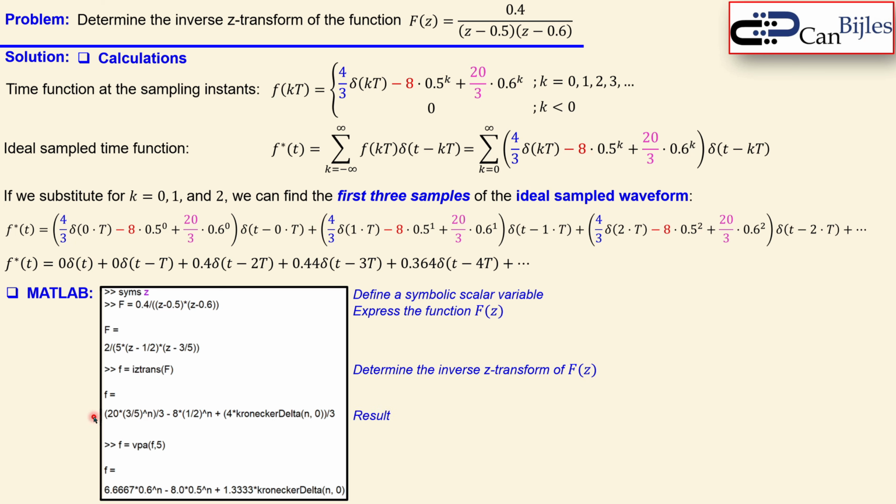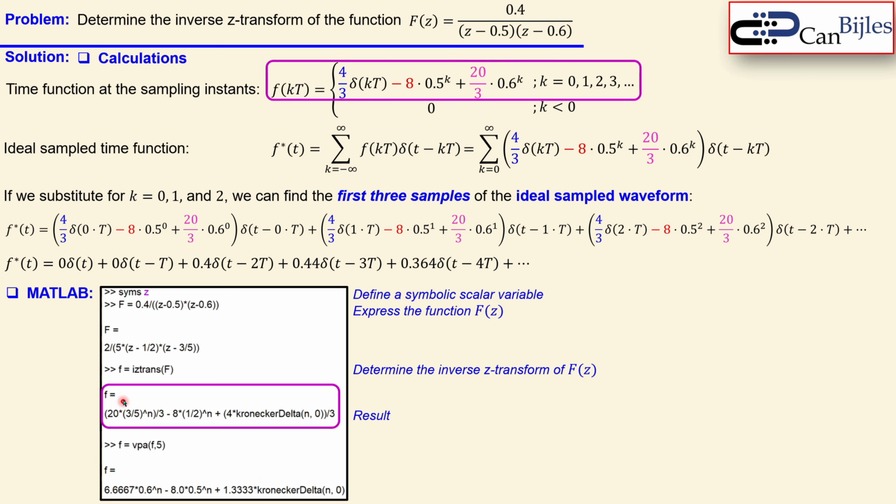Now you can also make this a little bit easier to read because these are all fractions, everything is written in exact form. You can also say I would like to have it easy to read, so you can also look at this result in some digits, and that is also shown here. And let's first compare the expression we have here, the result, with the expression we have here. Now what do you see here? You see here 4 over 3 times this delta function, which is actually shown here.